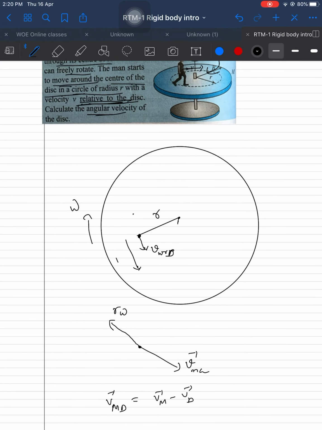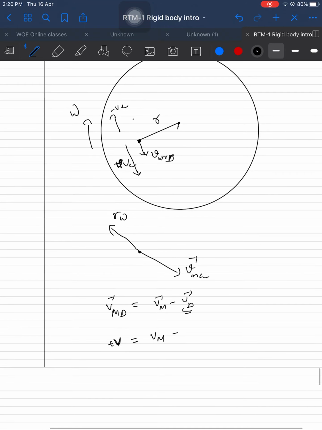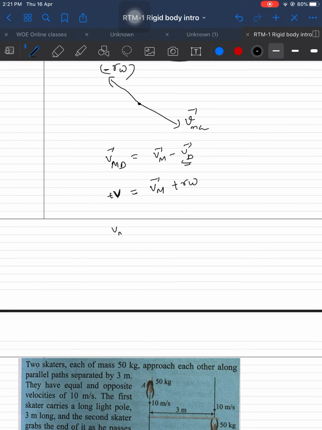I am assuming this direction is positive, because if you take the other direction it will be difficult, the other direction will be negative. So plus v with respect to the disk is equal to the velocity of man, which we don't know, minus the velocity of the disk. The velocity of the disk at this point is minus r omega because it's in the backward direction, minus of minus is plus r omega. So velocity of man is equal to v minus r omega.